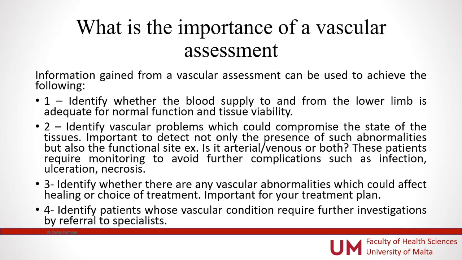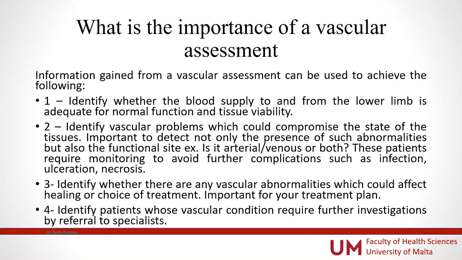So what is the importance of a vascular assessment? What will it tell us? A vascular assessment identifies whether the blood supply to and from the lower limb is adequate for normal function and tissue viability. It will help us identify the vascular problem. Is it arterial? Is it venous? Is it both? To what extent is the vascular problem?